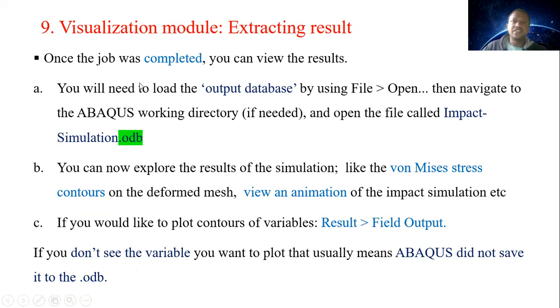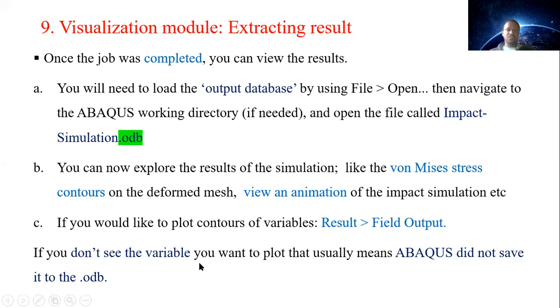Okay. So now visualization will come, that is, extracting the results is the last step. Once the job is completed successfully, you will need to load the output data by using File, Open, then navigate to the simulation. You can explore the results of the simulation like contour plots, and also we can animate the result. If you would like to plot contours of a variable, you can go to Result, Field Output.